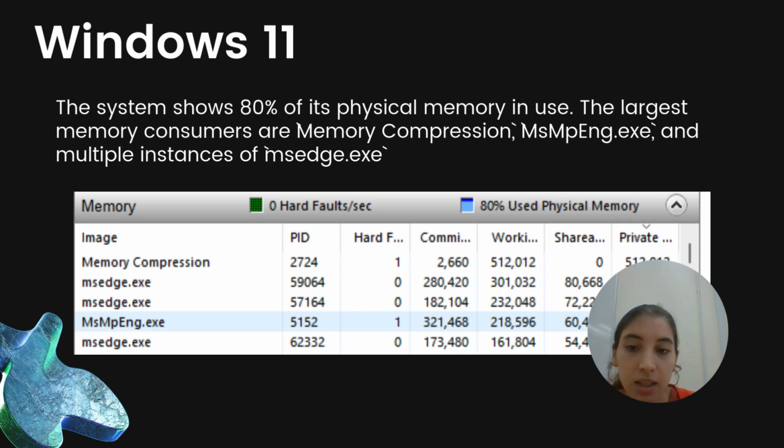Next, we have other processes that collectively are using around 600 megabytes of memory. In the figure, we can see how different processes and applications are utilizing memory resources. While memory compression optimizes memory usage, security processes and an active browser session significantly contribute to overall memory consumption.